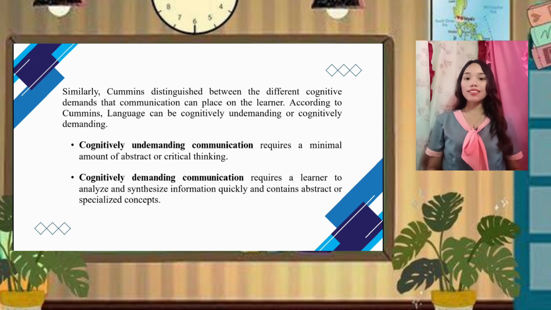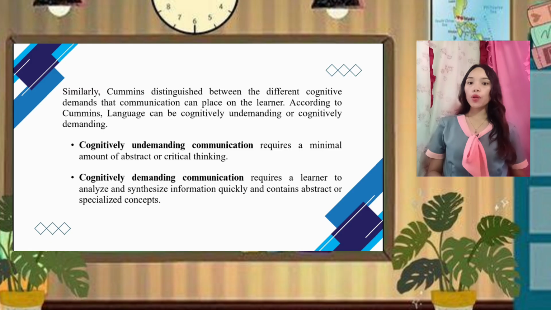Similarly, Cummins distinguishes between different cognitive demands that communication can place on the learner. According to Cummins, language can be cognitively demanding or cognitively undemanding. When we say cognitively undemanding communication, it requires a minimal amount of abstract or critical thinking.